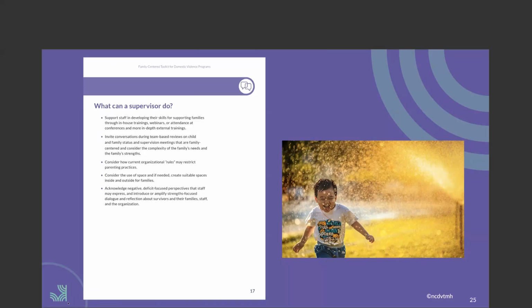And really going back to that piece around families and how our perspective is acknowledging the negative or deficit-focused perspective that staff might be expressing at times, and also introducing a focus on strengths, and reflecting about what survivors and their children are bringing, and pointing out the resiliency that we see, to model that and encourage that in the staff.